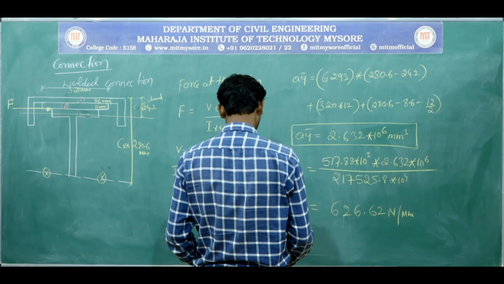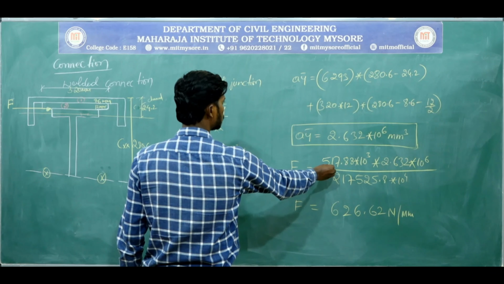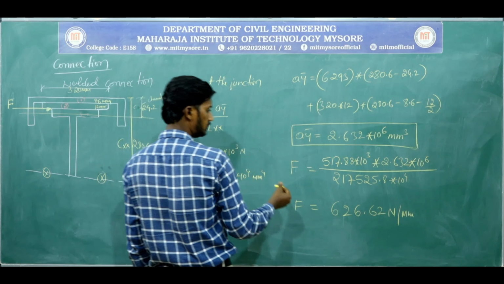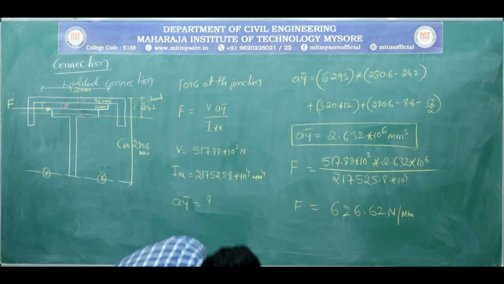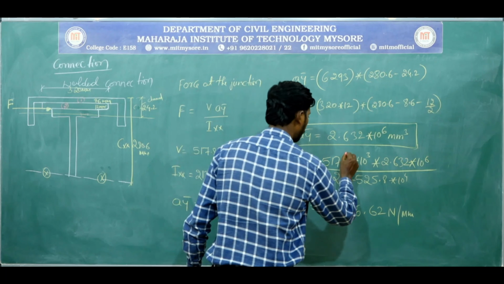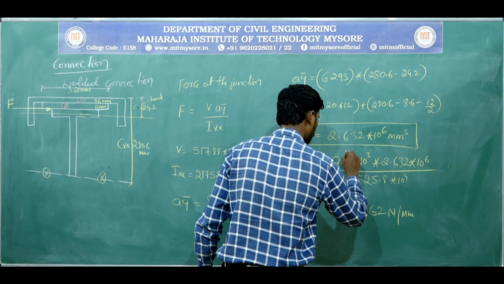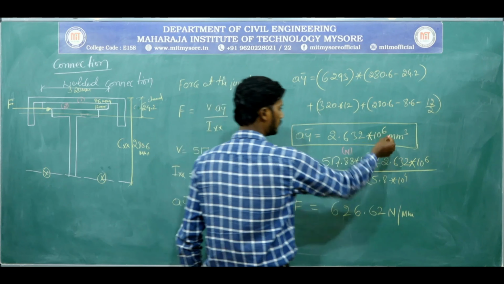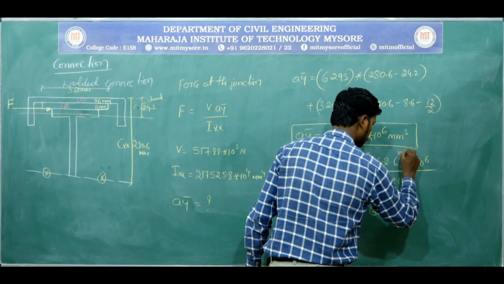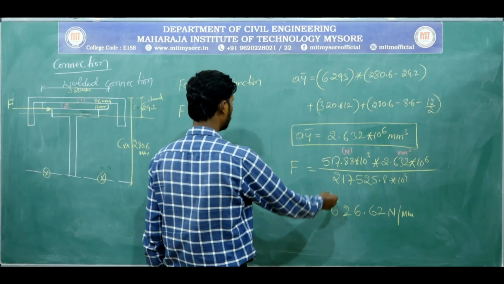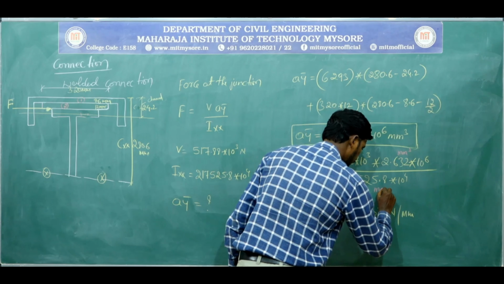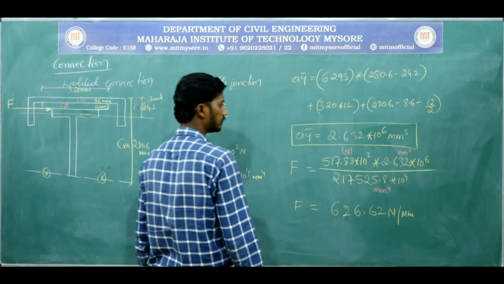per millimeter. Consider the first one, what is it? V, that is in terms of Newton. And next A Y bar in terms of millimeter cube, and the bottom one, I value, is millimeter power 4.